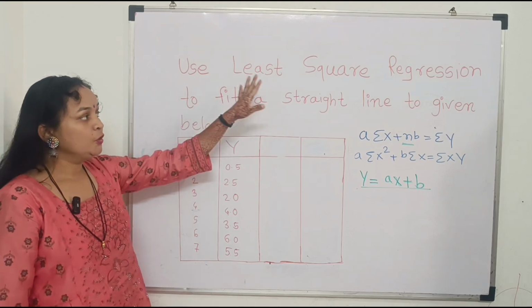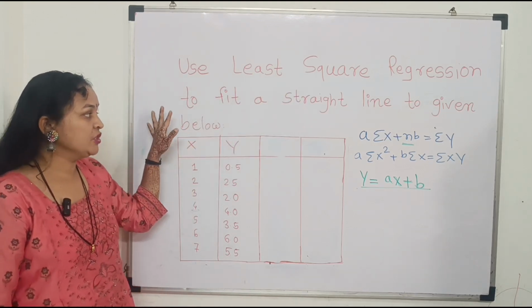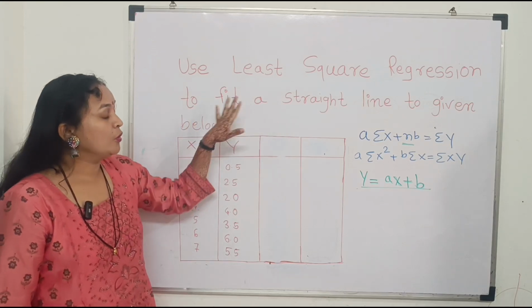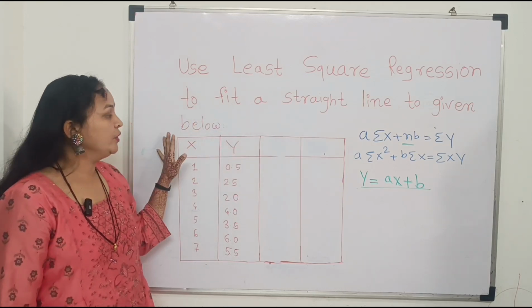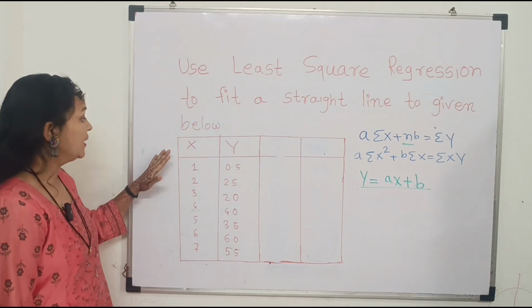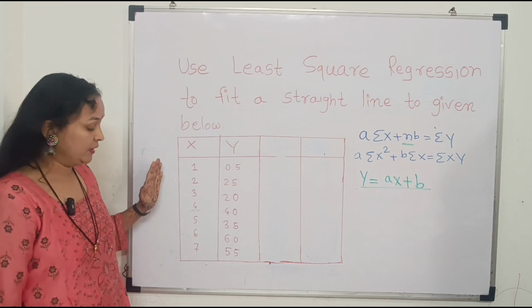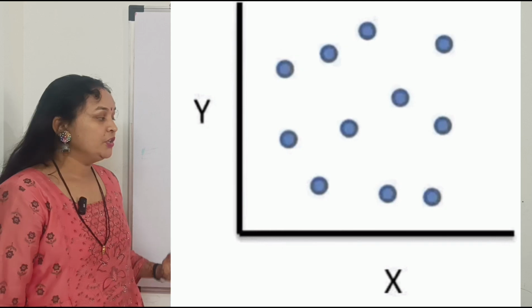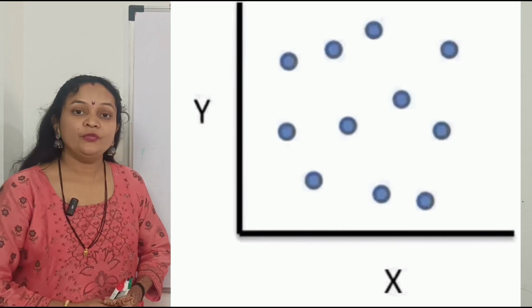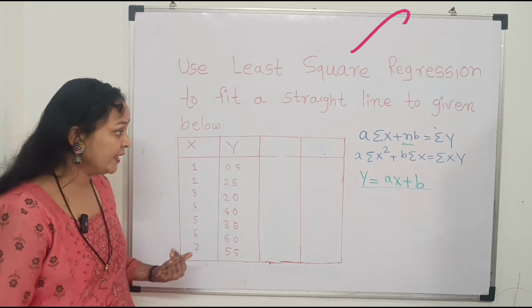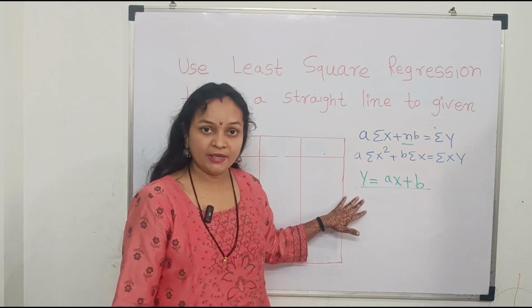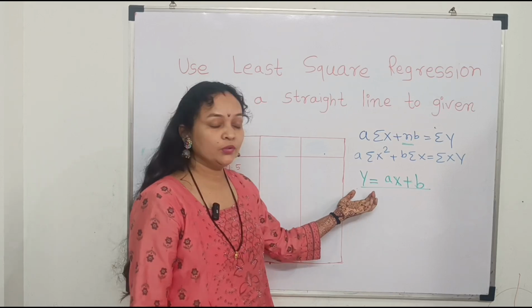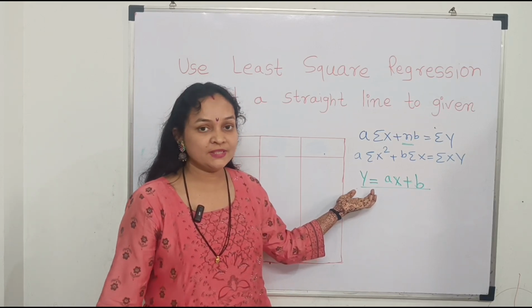We state: use the least square regression to fit a straight line to the data given below. For that they have mentioned the x, these are all the data, and then these are all the data. Generally it is useful for fitting the curve. Now they are giving the straight line form of the equation. So you know what the basic equation for the straight line is?